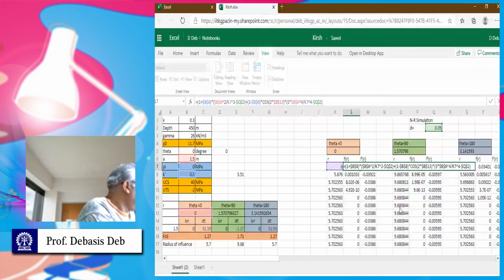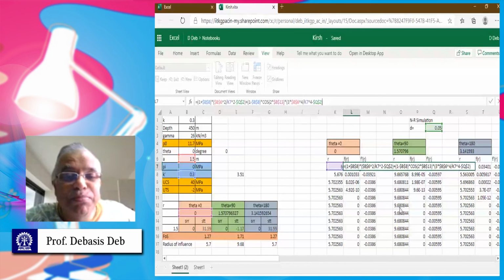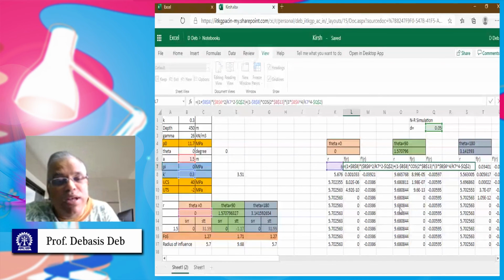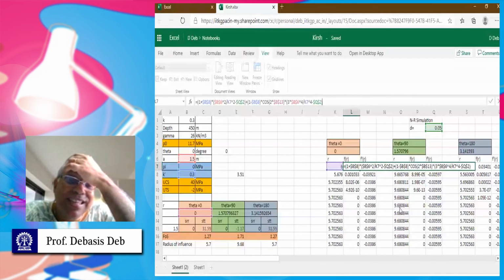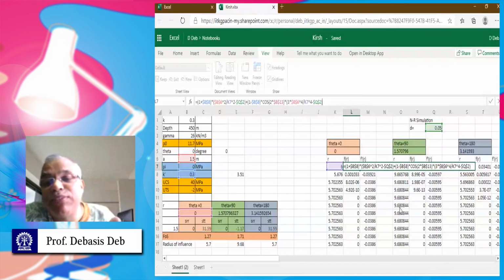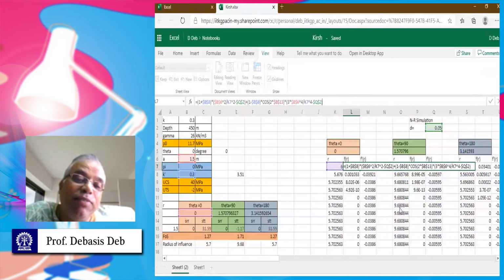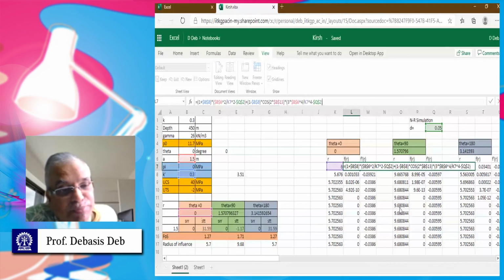In the book it is given 6.7 meter, but it looks like it has to be 9.68 meter. So you can see it is pretty much an ellipse. Half of the major axis is 9.68 meter, and half of the minor axis is 5.7 meter. So it is basically an ellipse.